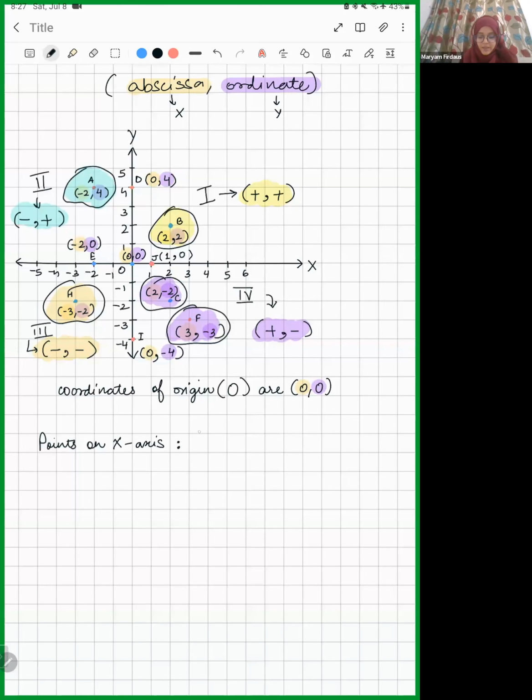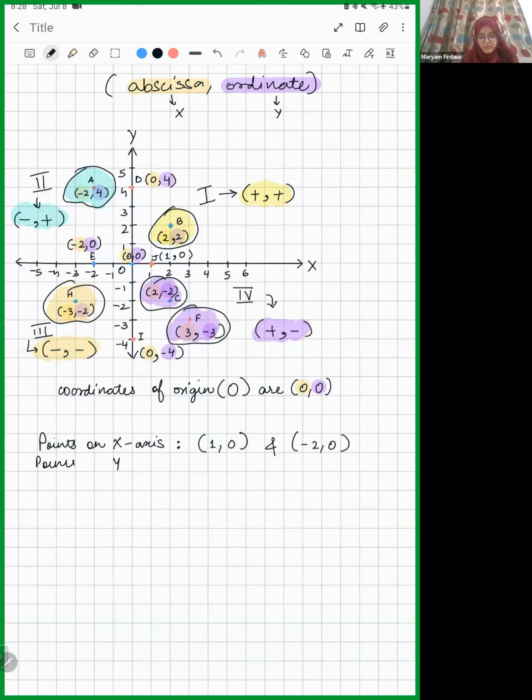J and E. What are the coordinates, abscissa and ordinate, of J? 1, 0. And what is E? -2, comma 0. Okay.